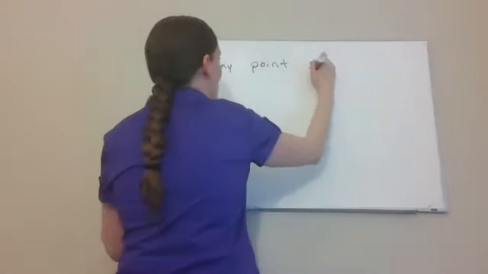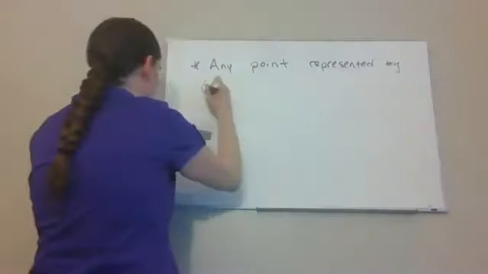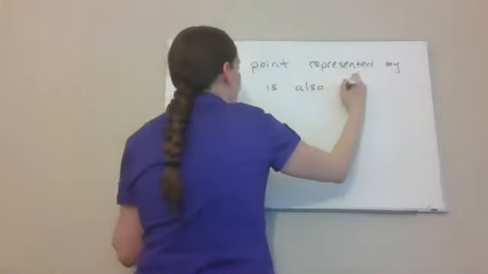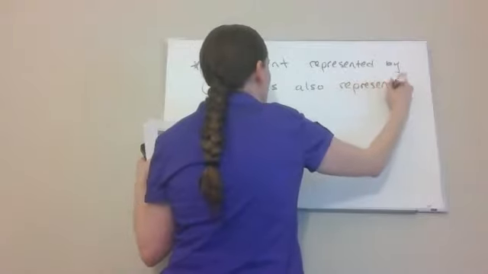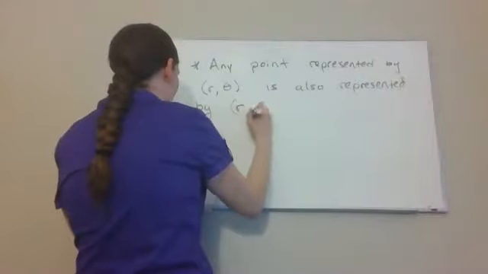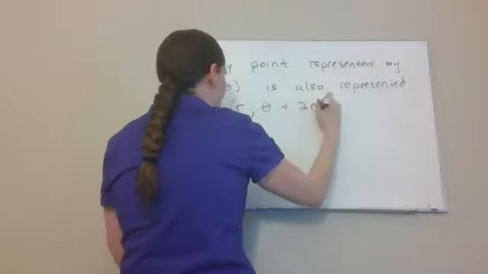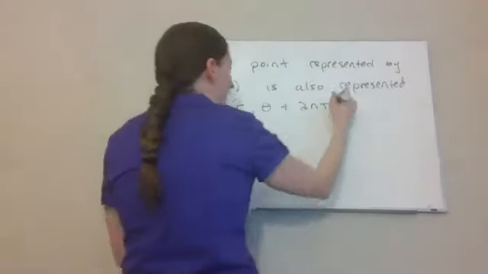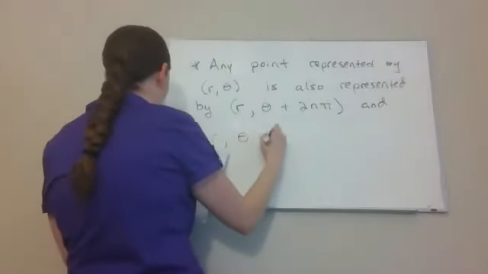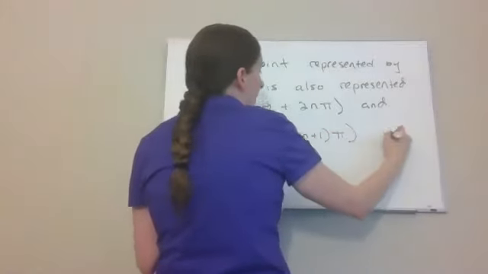Any point represented by r theta is also represented by r theta plus 2 pi times n, so 2n pi, and negative r theta plus 2n plus 1 pi, where n is an integer.